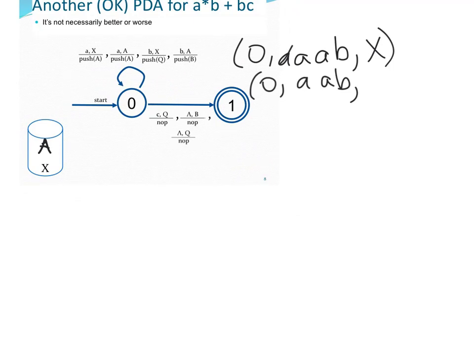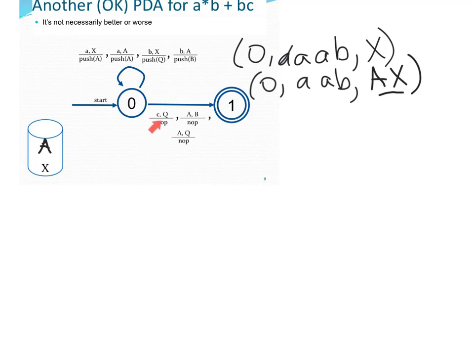Over here, I'm going to just write the stack from left to right, everything that's on the stack. So we have an A at the top, and then an X. All right, so now we have an A that we have to process, and we have an A at the top of the stack.